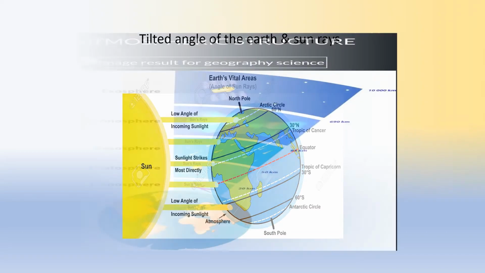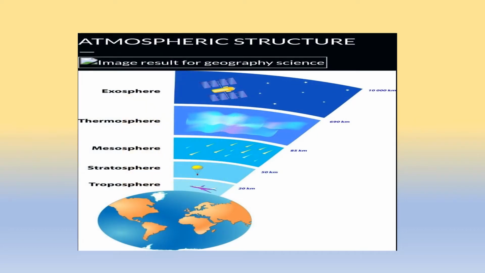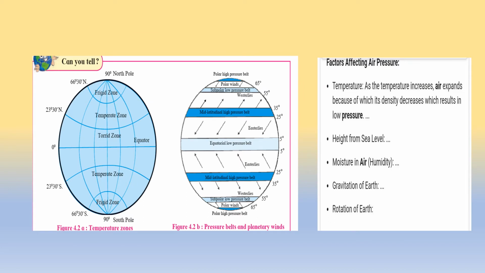Now let me come to the point. The atmosphere structure you must have studied in science. The air moves upward. When I say it becomes light, it moves upward, reaches up to the troposphere, and then it tries to sink.